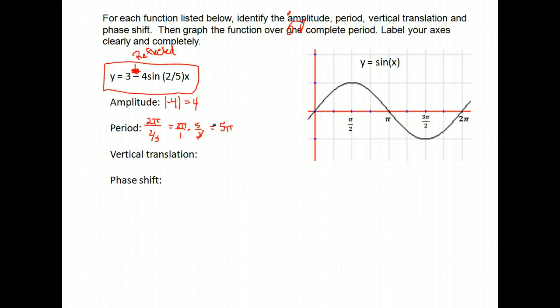Okay, so wow, notice that's quite a bit longer than it was. So our period is going to be 5 pi long instead of just 2 pi long. That's why I left a lot of space here on the bottom so that I could stretch that out. If you multiplied, you get 10 pi over 2, which is 5 pi.